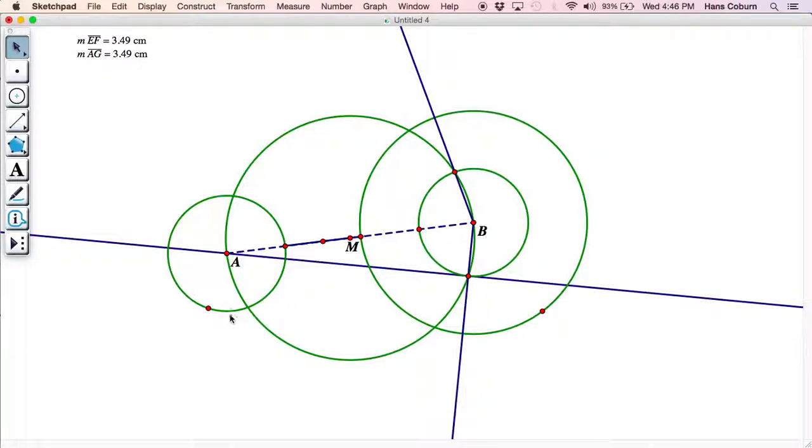So, remember what we're after. We're after a line like this that will be on the outside of B, so somewhere over here, and that is a tangent also with circle A somewhere over here. Well, guess what? We have that point right there.